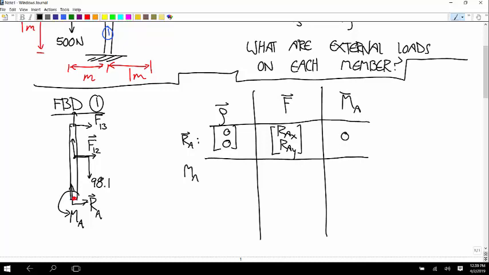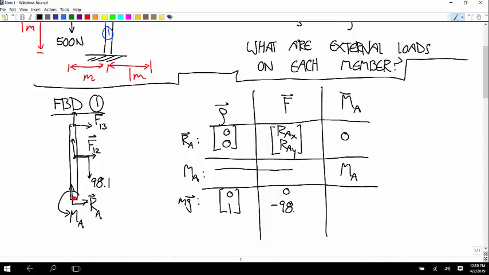And then the couple MA, we don't care about either of these, and that just applies a moment MA. Then the weight force is at 0, +1. The force is 0, -98.1, and there's no cross product.